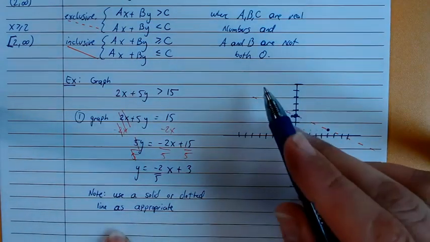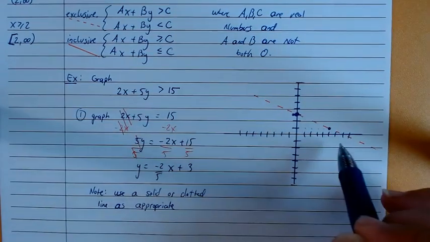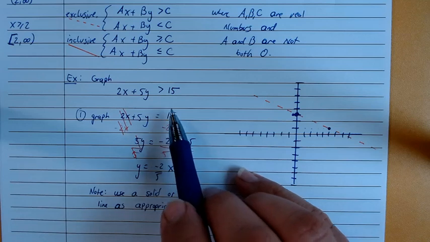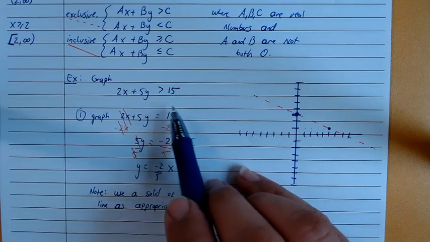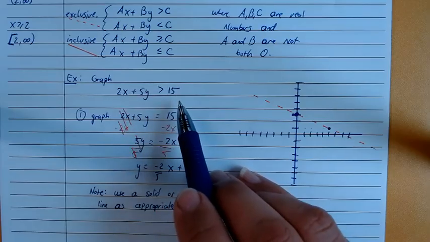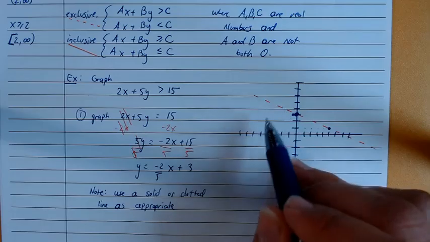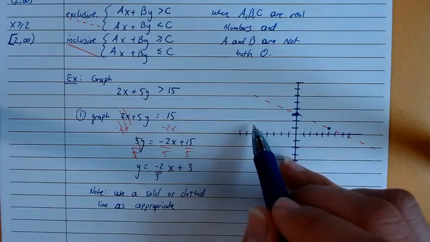Okay, so now that's our boundary. But notice, this is the boundary where 2x plus 5y equals 15. We don't want 2x plus 5y to equal 15. We want it to be greater than 15. So what we do now is we need to figure out which side of our line is going to give us our solution.